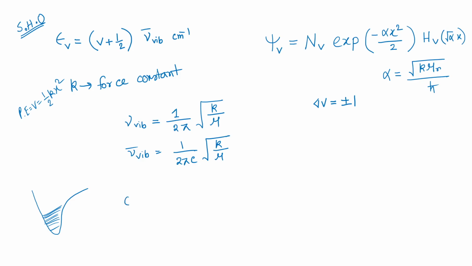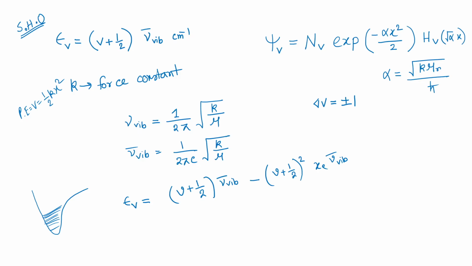When anharmonicity is involved, your energy is nu bar (v plus half) minus nu bar x_e (v plus half) square. Then the anharmonicity constant is there, and another term is there, that is nu bar.